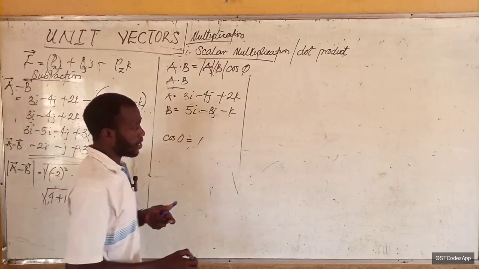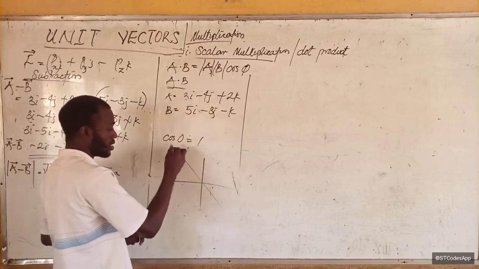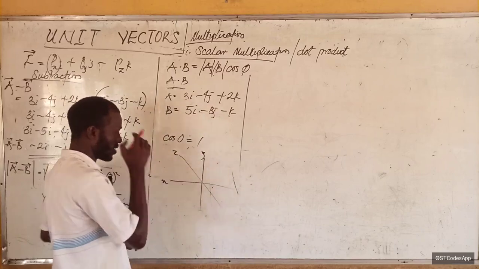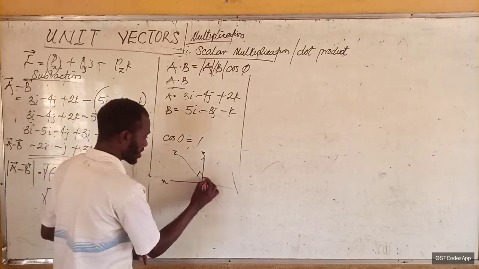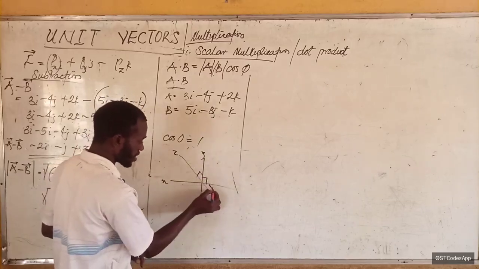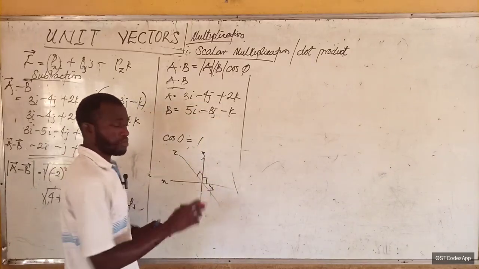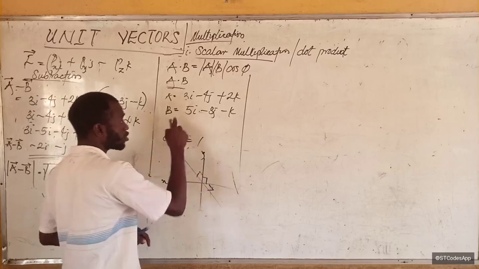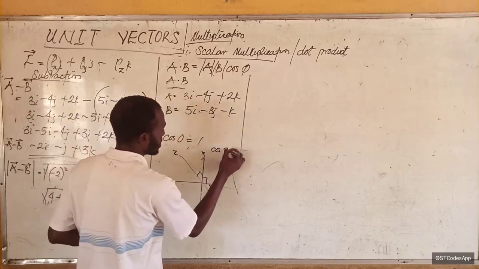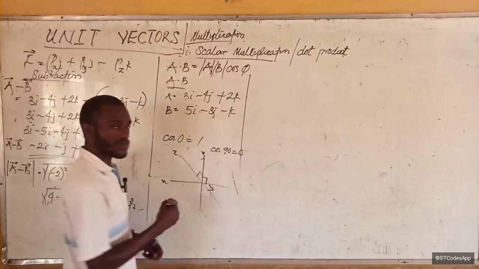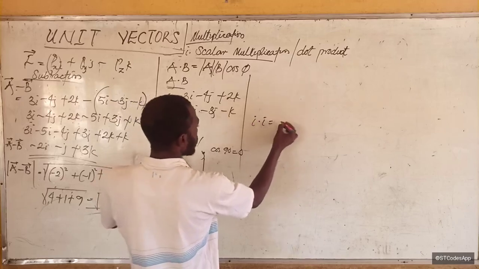And if you remember, we said that between the x, y and z planes, the angle between them is a perfect 90 degrees. So the angle between i and j will be 90 degrees, and cos 90 degrees is 0.